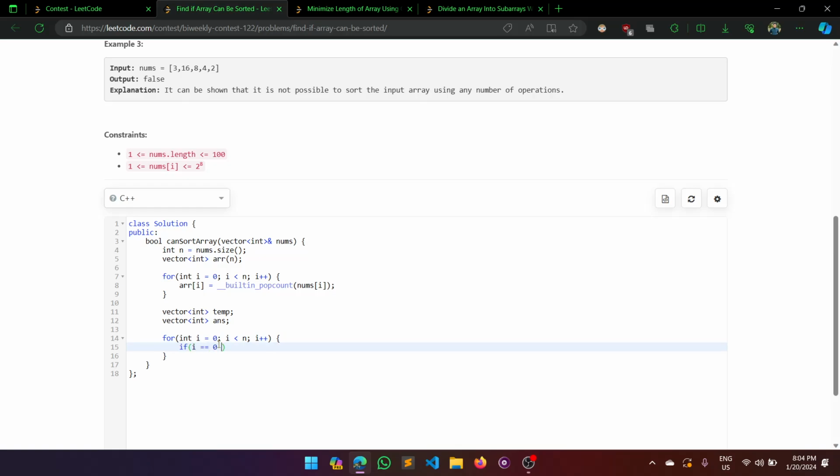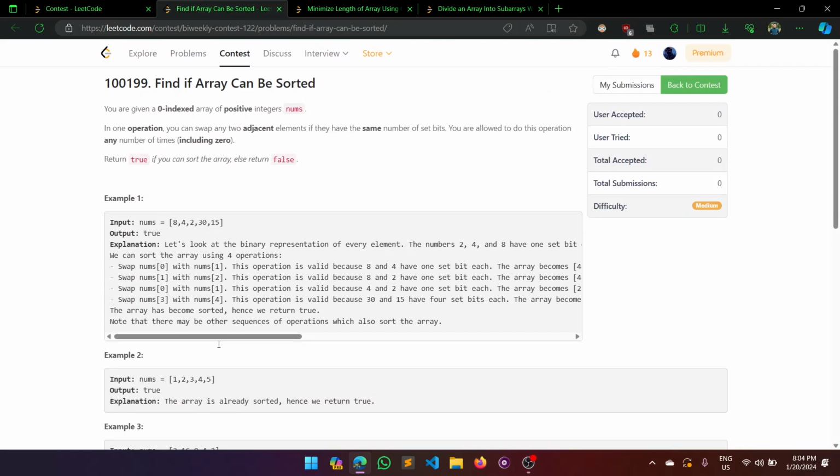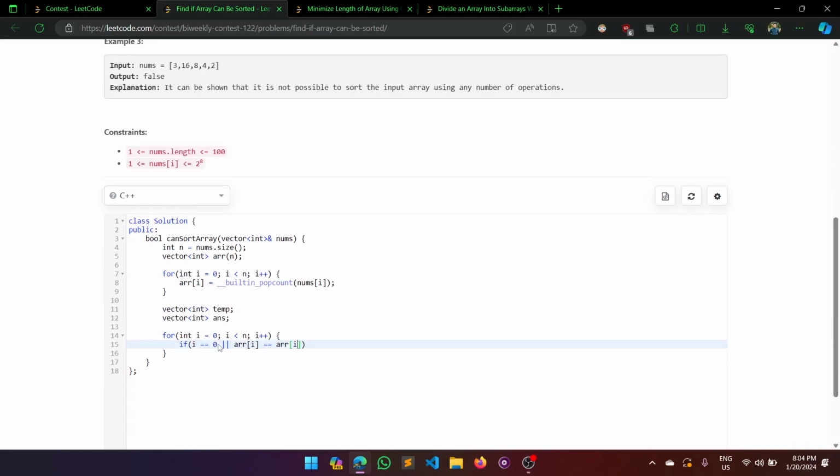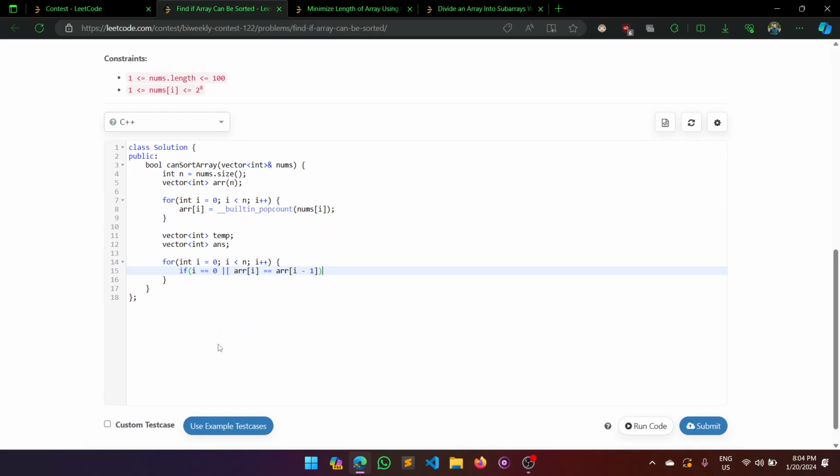If i is 0 or arr of i is equal to arr of i minus 1, then what we will do is run it till n. Then we push it in temp.